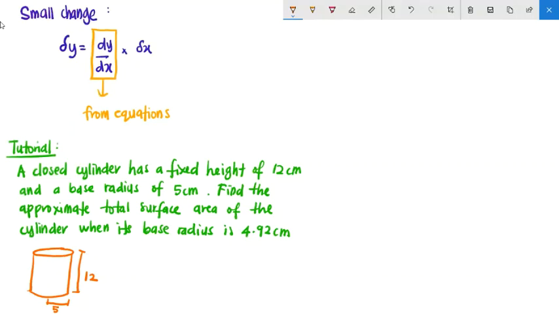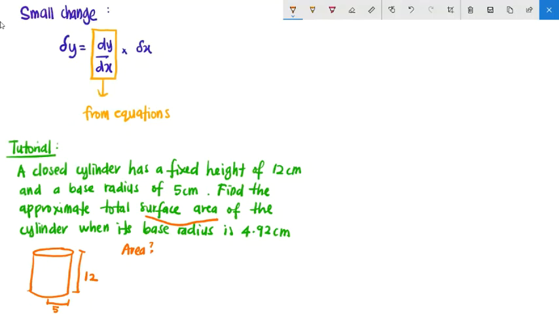Okay, find the approximate total surface area. Okay, so dia nak minta area. How? So, mesti buka silinder tu, jadikan dia bentuk segi empat and circle.